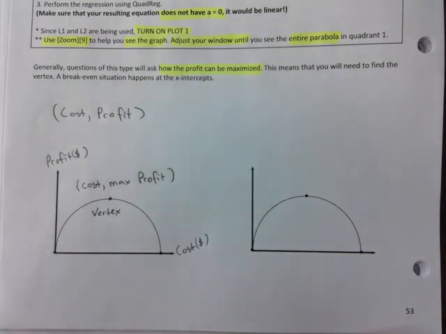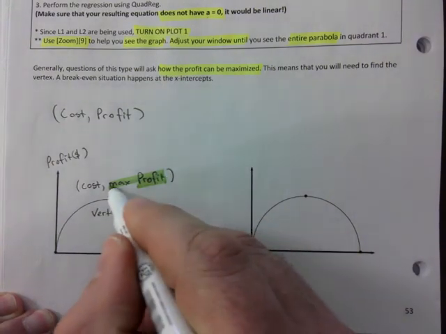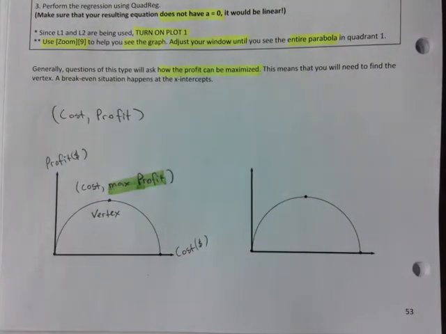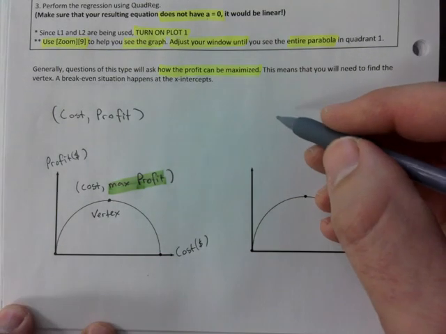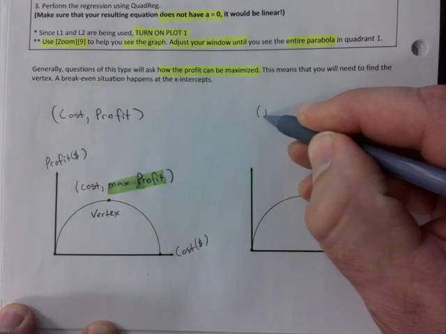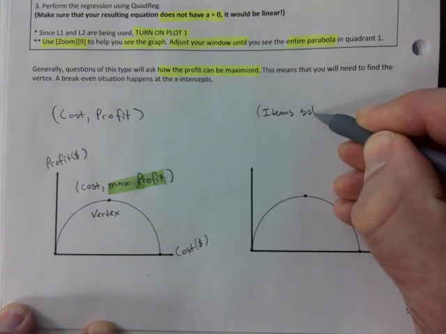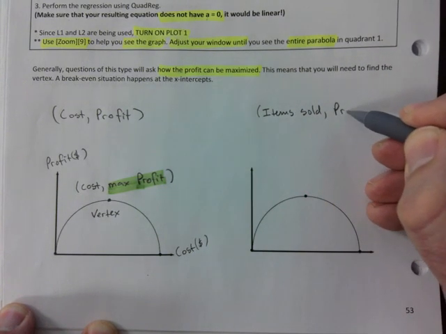And I'm going to stick with green. But the vertex in this case gives you the maximum profit. Okay. Let's say on the other hand, the question asks you to relate the items sold and also the profit.